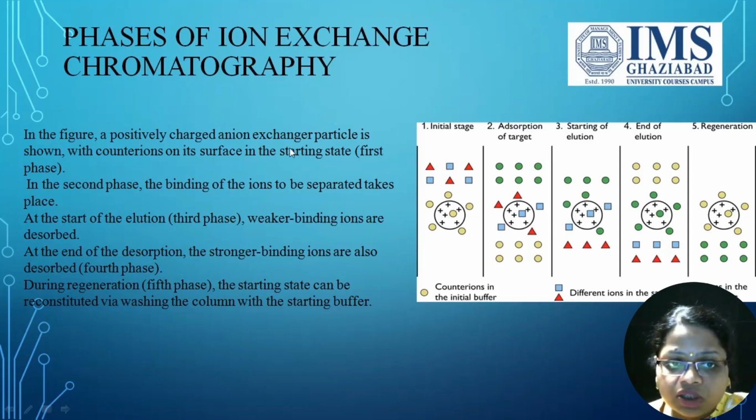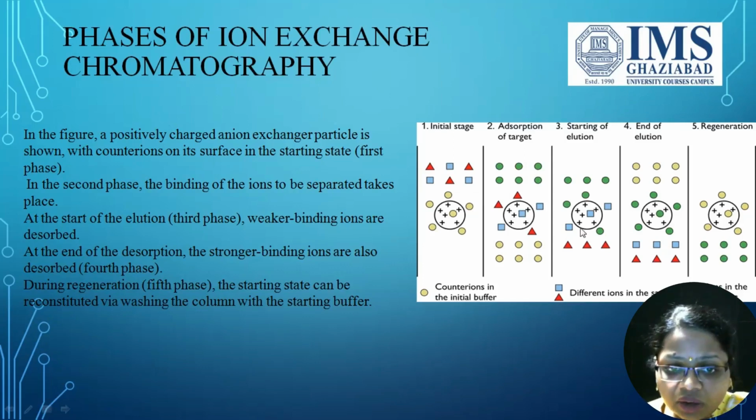In the figure, this positively charged matrix is an anion exchanger because it is actually exchanging the negative ions with the sample. So that's why it is known as an anion exchanger, with counter ions on its surface in the starting state. In the second phase, the binding of the ions to be separated takes place.